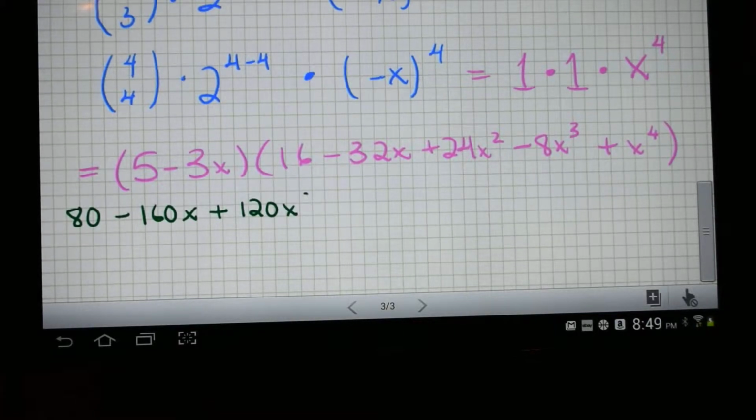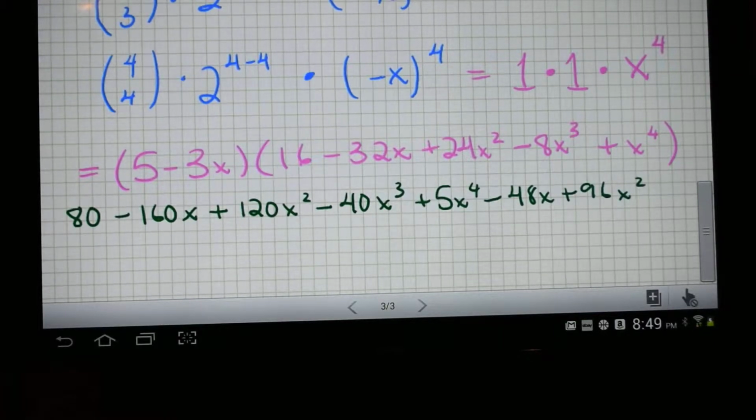x squared minus 40x to the third plus 5x to the fourth power. And then when I do this negative 3 times everything, I get more. It's going to be negative 48x. 32 times 3, I could figure that out, but I don't feel like it. It's going to be a positive 96x squared.